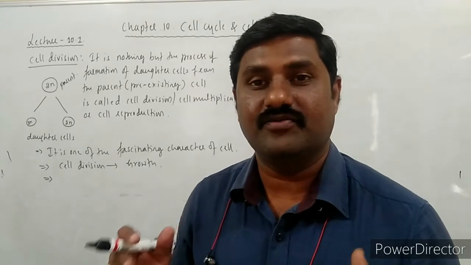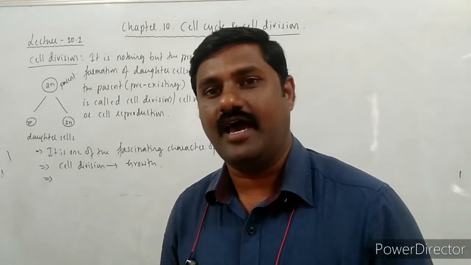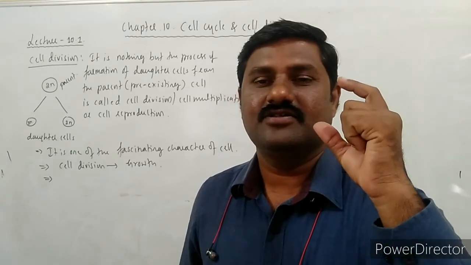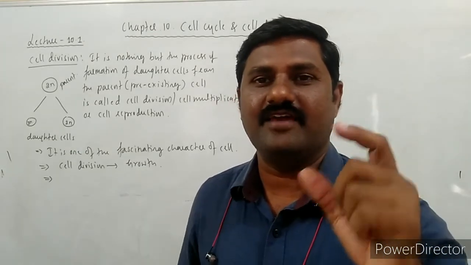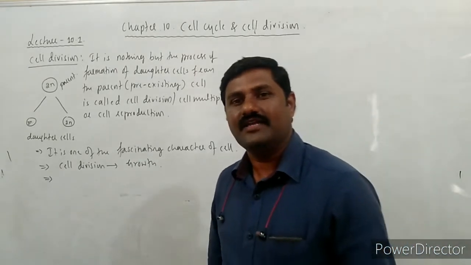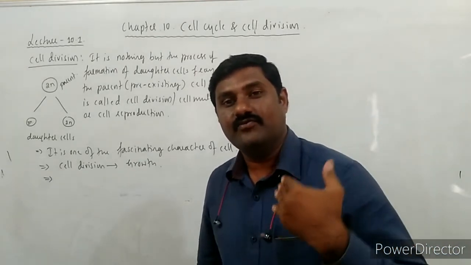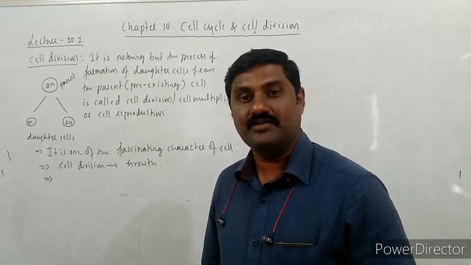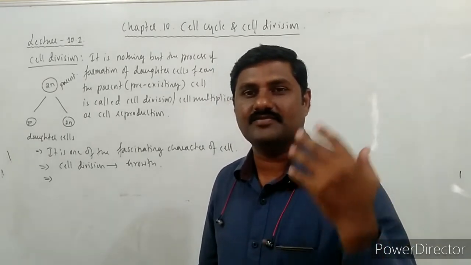But one thing we must remember, that we are all formed from a single diploid cell itself. The life of each organism starts from a single cell. We might have been single celled organisms, but we are multicellular organisms today.